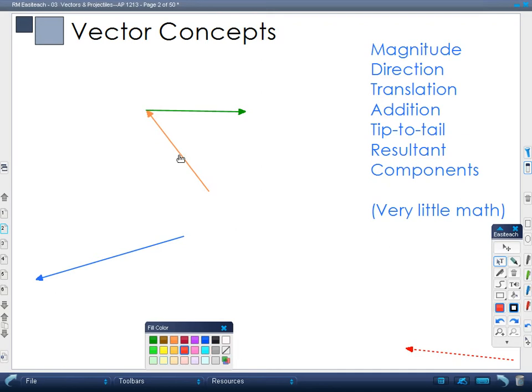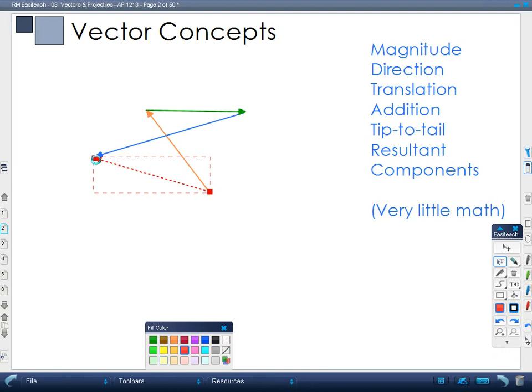So if I were to add these vectors that I have here, I would arrange them like this. And the result of those goes from the beginning, which is right here, to the end, which is right here. I'm representing that with this resultant vector. That red resultant goes from the beginning to the end.